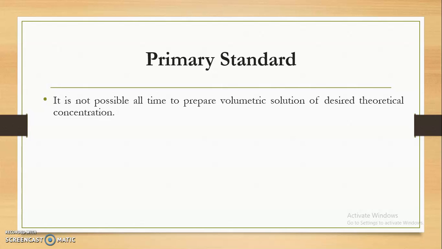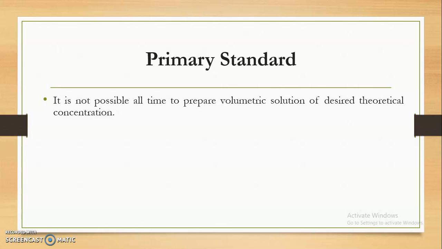Actually, whenever we are going to prepare different solutions, it is not always possible to prepare a solution of the exact theoretical concentration. For example, you may have performed different titrations, that is the titration of hydrochloric acid and the titration of sodium hydroxide.